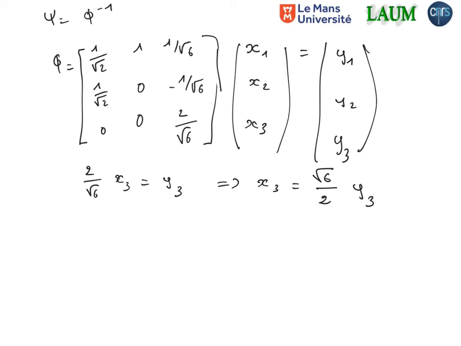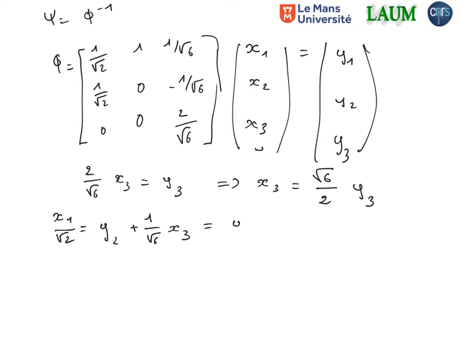So now I need to find x1 and x2, so I use the second equation. So x1 divided by square root of 2 is equal to y2 plus 1 over square root of 6 times x3. So you see that this x3 goes to the right hand side, and then I can use, because I know x3, the first equation.